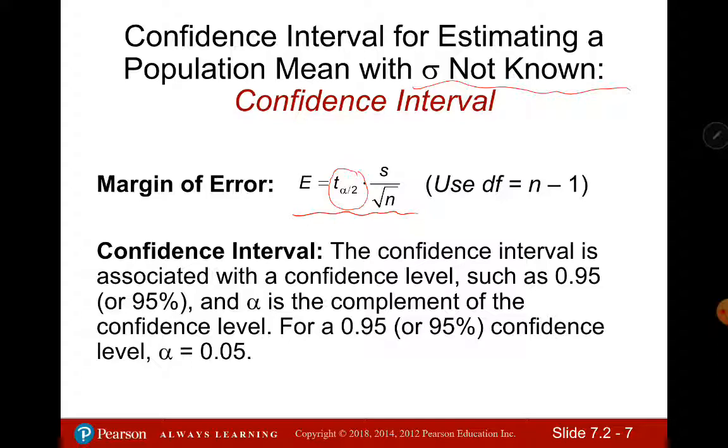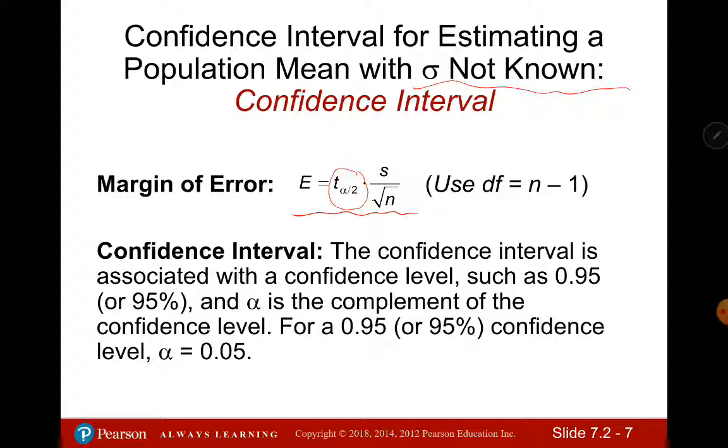Z is for the standard normal distribution, a normal distribution with mu equal to 0 and sigma equal to 1. But in this case, sigma is not known, so we cannot use the z distribution. We will introduce another distribution called the t distribution, and then we use the t value as our critical value.